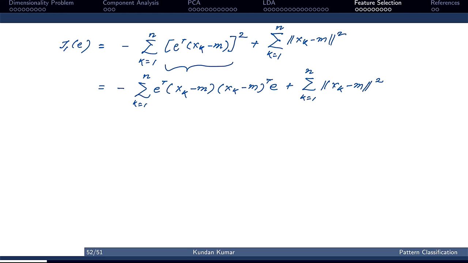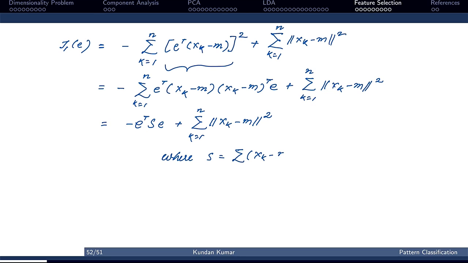So here we can write minus E transpose S E plus summation from k equal to 1 to n of x_k minus m square, where S is summation over (x_k minus m)(x_k minus m) transpose, where k equal to 1 to n, and this is basically called the scatter matrix.